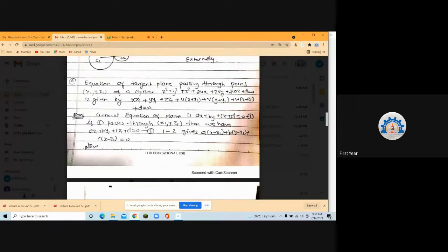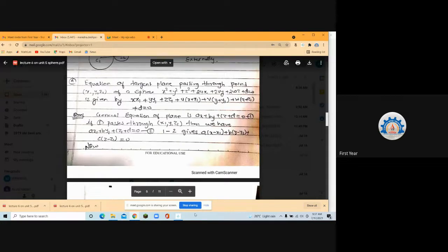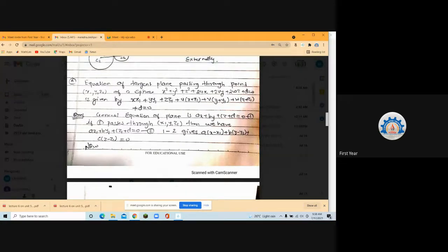Or ax plus by plus cz plus d is equal to 0, which is the same as equal to minus d, if you take the d on the other side. So it is better to write it in the form ax plus by plus cz plus d is equal to 0, where a, b, c are the direction ratios of the normal and d is related to the distance of that plane from the origin.